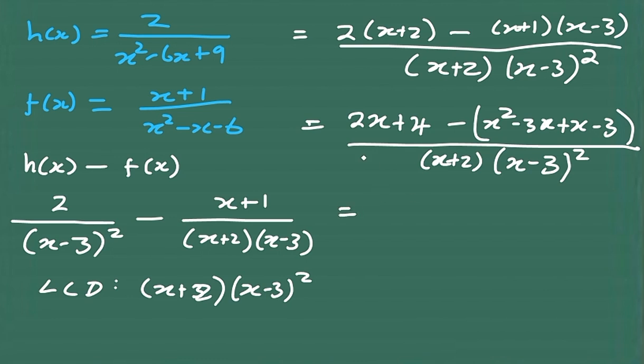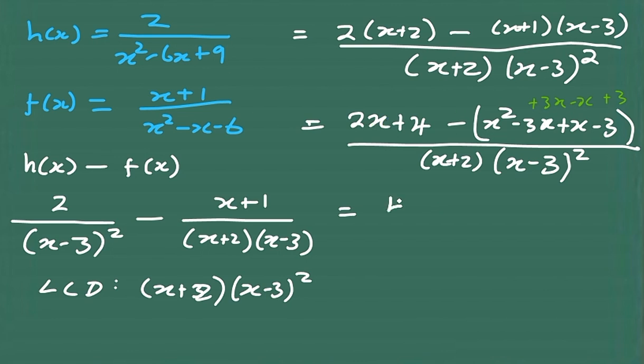So let's simplify this. This is going to be minus and this will be plus. So we have it to be plus 3x, and this will be minus x, and this will be positive 3. So the negative affects everything inside the bracket. So 3 minus 1 is going to give us 2, and 2 plus 2 here is going to give us 4.